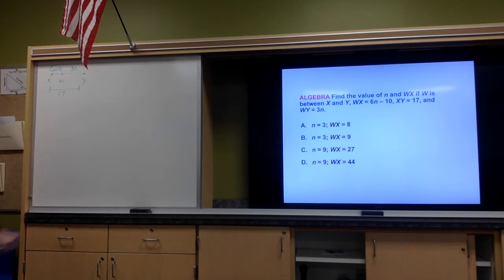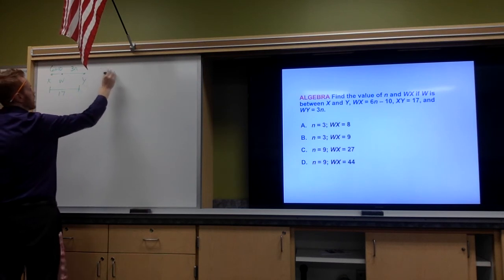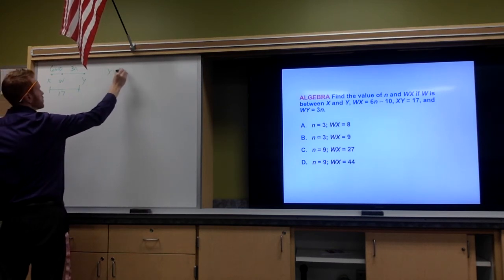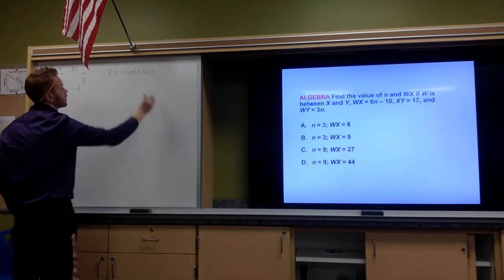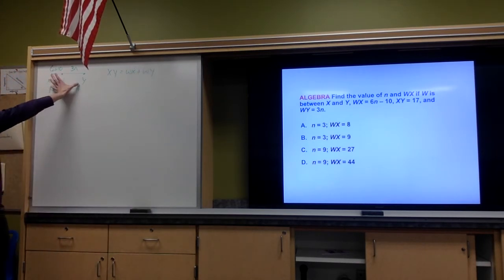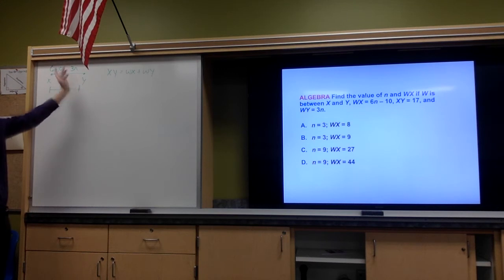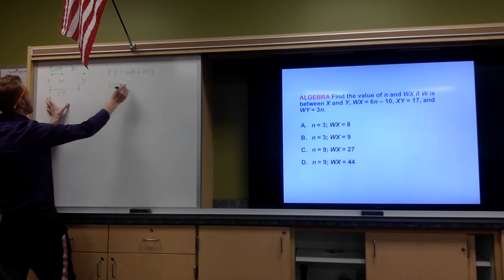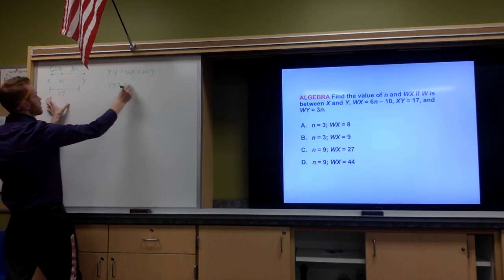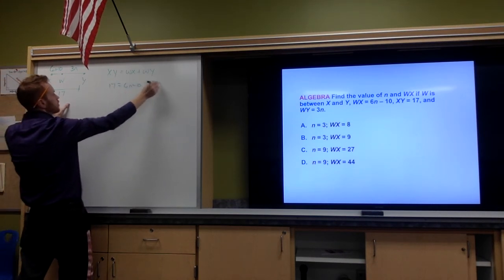All right, I'm going to write the equation. XY is equal to WX plus WY. This whole thing equals this guy plus this guy. XY is 17, WX is 6n minus 10, and WY is 3n.